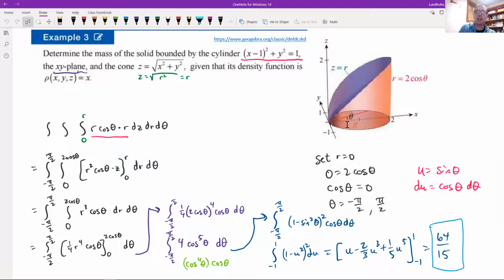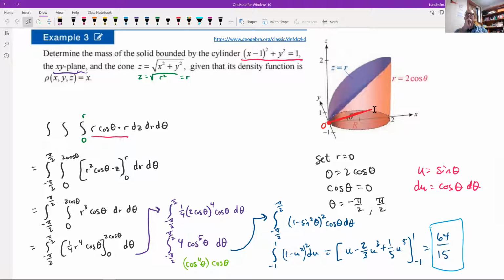we're always going to be starting at 0. Let's do red for this one. We're always going to be starting here at the origin. And then our outer radius is going to hit this function out here.